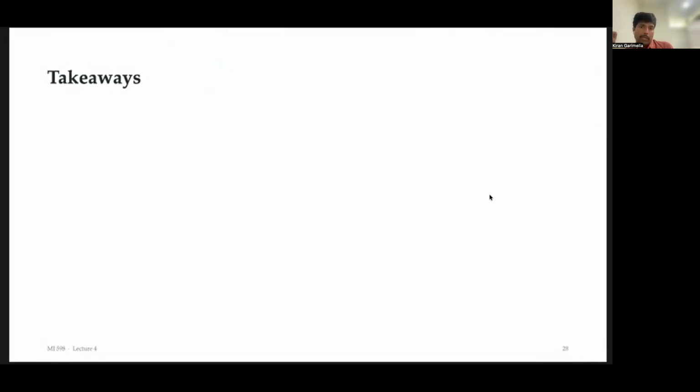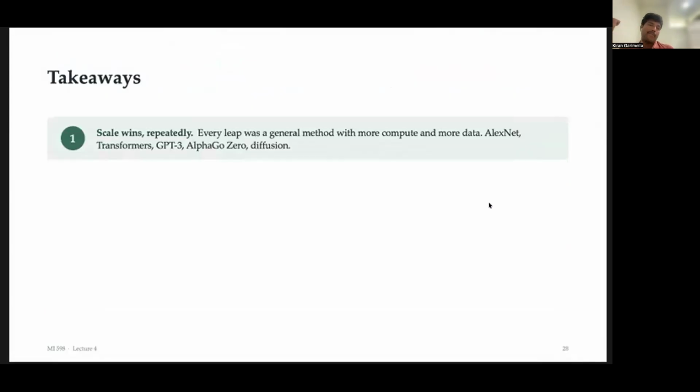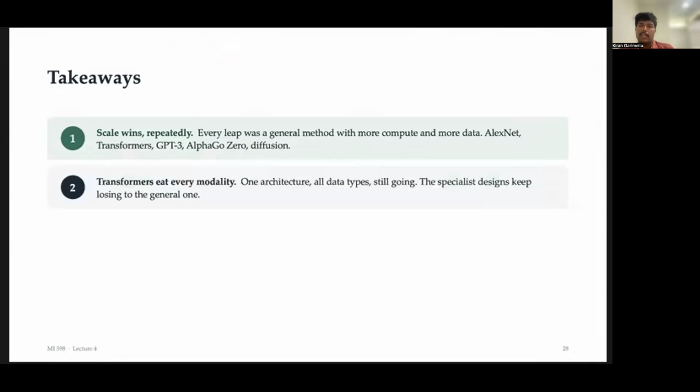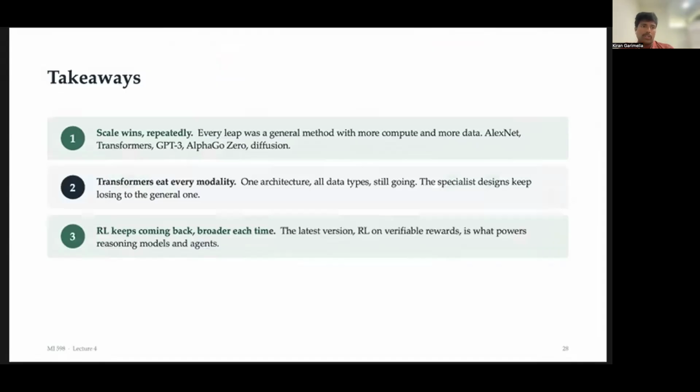Okay, so to summarize today, we talked about scaling laws and all of that. We showed you examples of that scale, from AlexNet, then transformers, GPT-3, AlphaZero, diffusion, and so on. Transformers are the dominant architecture that we are currently working on, and it really works. This is the architecture that is enabling a lot of AI progress these days.